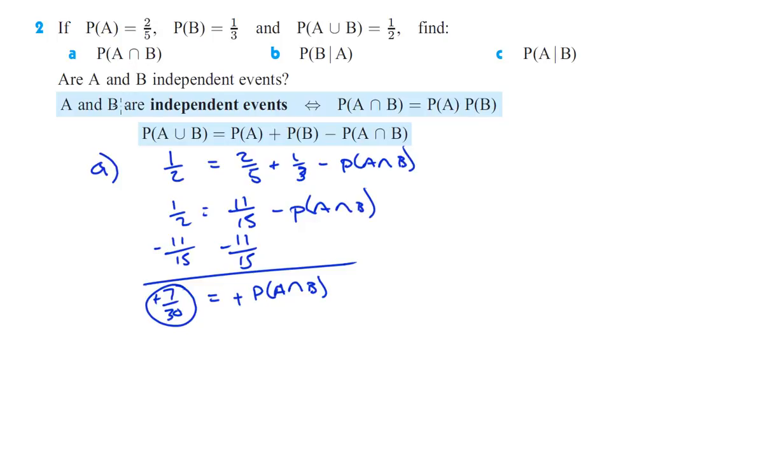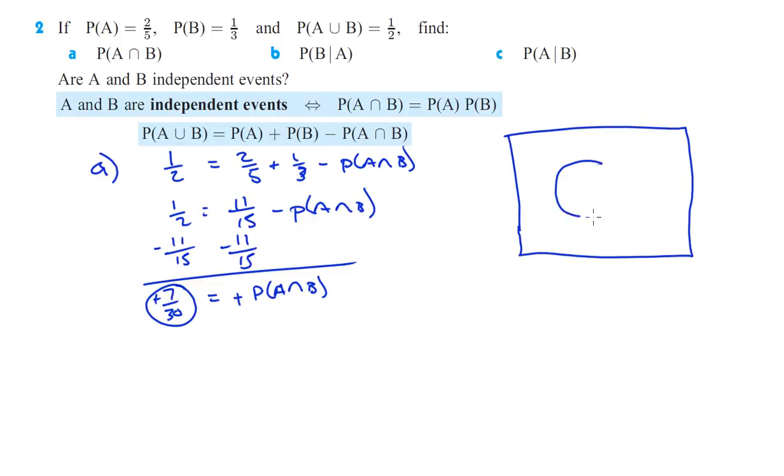Now, here's what I think is going to be hopefully helpful. I'm going to draw a Venn diagram that includes all this information that we have now. Okay, so here's A, here's B. We just figured out that A intersect B is 7/30ths. We know that the probability of A, this whole thing, is 2/5.